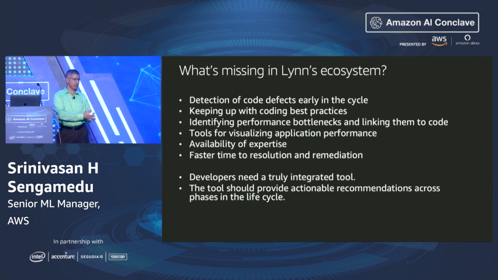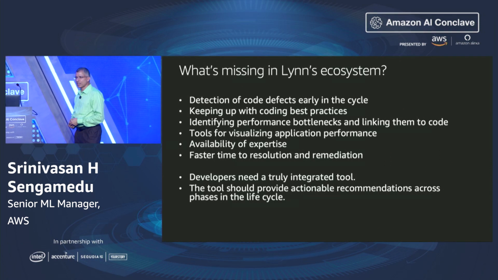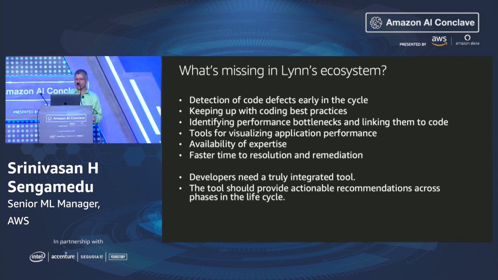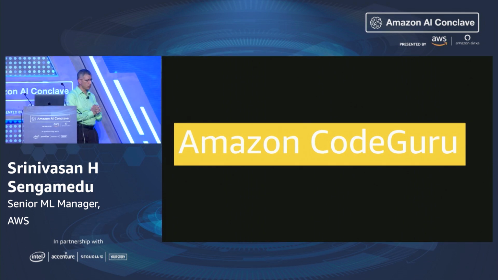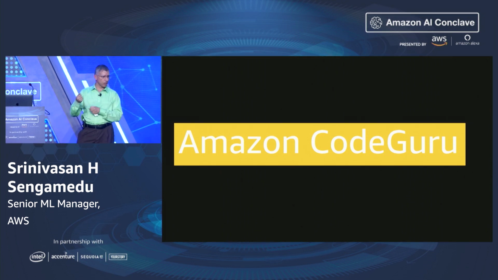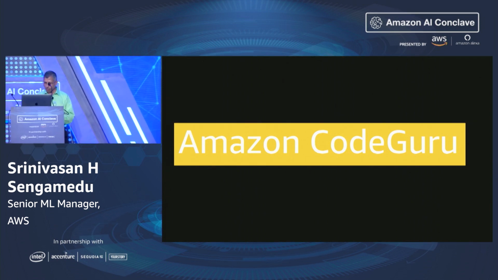This is what is missing, and I'm sure several of us have felt the need for some such thing at some point in time or other, right? And what's really missing in this ecosystem is what we call the Amazon CodeGuru. So Amazon CodeGuru is built to address several of these problems. I'm going to talk about some of them now.